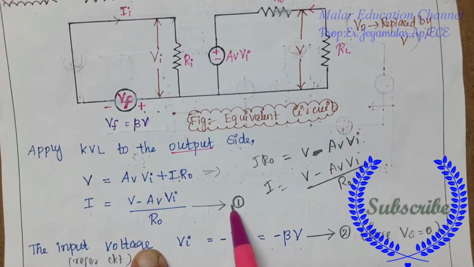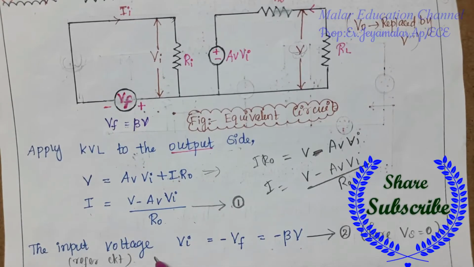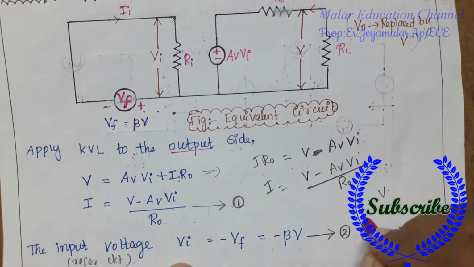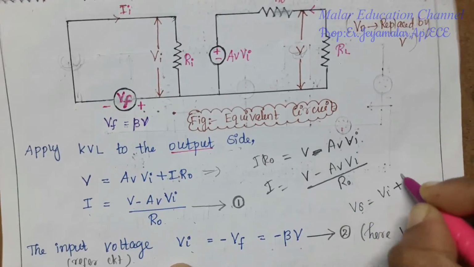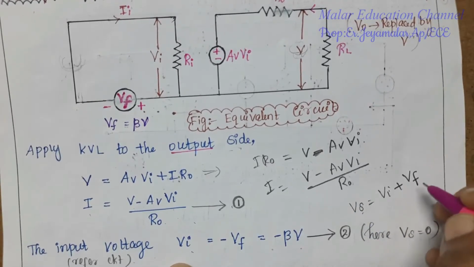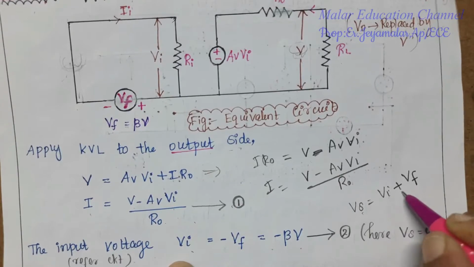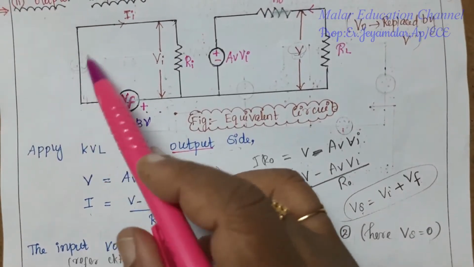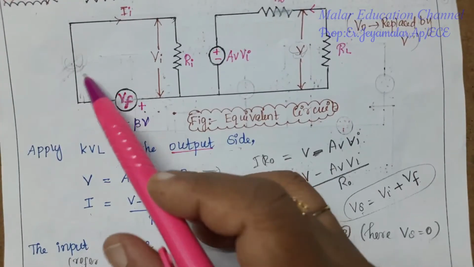Take this as equation number 1. Next step, for the input calculation, Vs equal to Vi plus Vf for the input section. But here, in the input section, Vs is short circuited, so Vs tends to be 0.